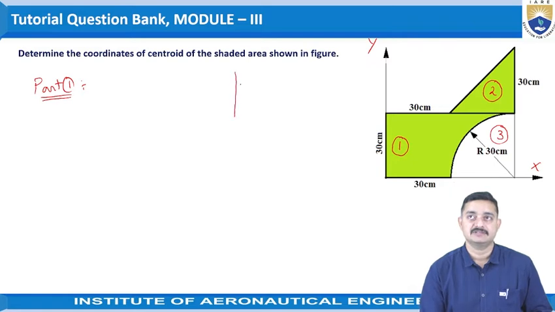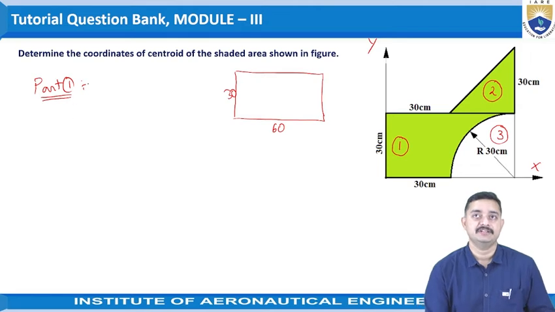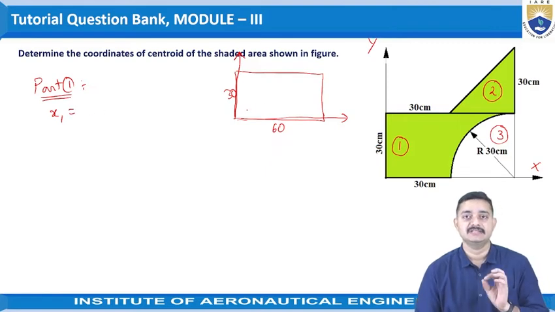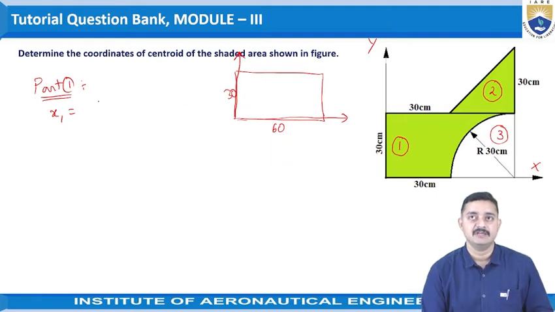So first, let us draw this first part of the rectangle as 60 and 30. Now we can identify the values, as the x-axis and y-axis are adjacent to both the sides of this rectangle. We can take x1 is nothing but the distance of the centroid of this part 1 from the y-axis. Hence that would be 60 by 2, and that gives 30 centimeters.